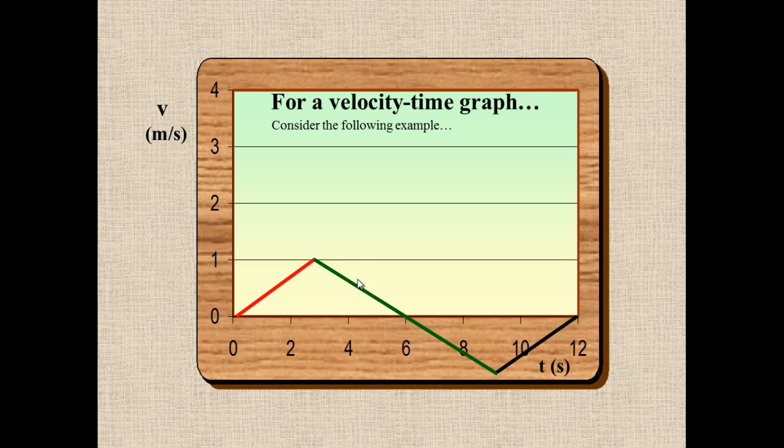Here it's still moving left, but it's slowing down, so it's decelerating. This section of the line below shows it moving right, so in our negative direction, accelerating going right, and this section here shows it decelerating, but again still going right.